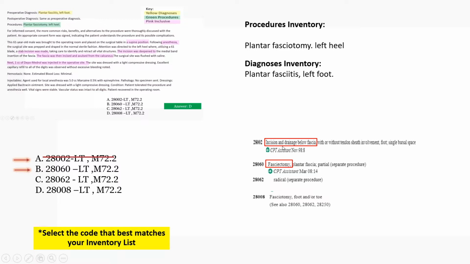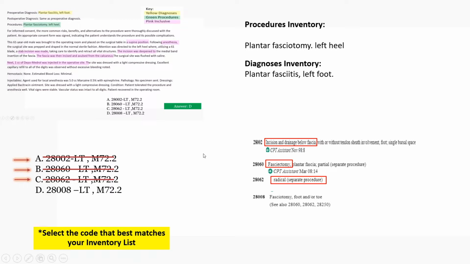It might look alike, but having a forensic look, this one is for ectomy, which is a removal. We had a fasciotomy. So there goes option B as well. And option C is also coding for a fasciectomy, radical of the plantar fascia, a radical approach. Once again, the fasciectomy was not the procedure performed.